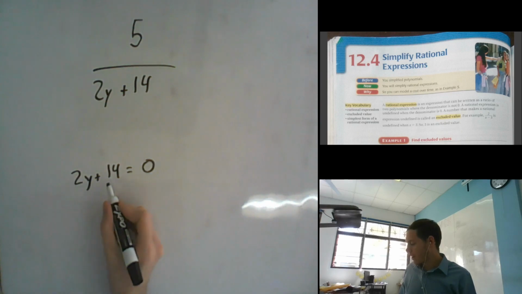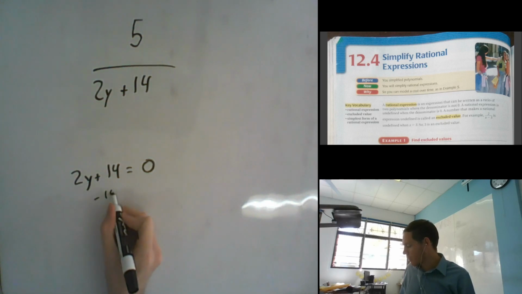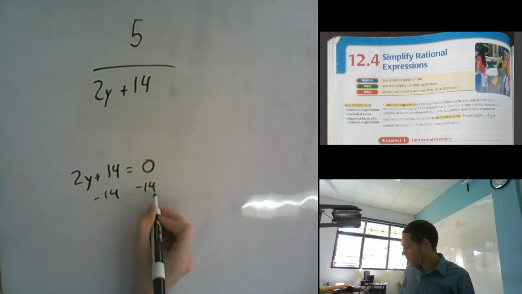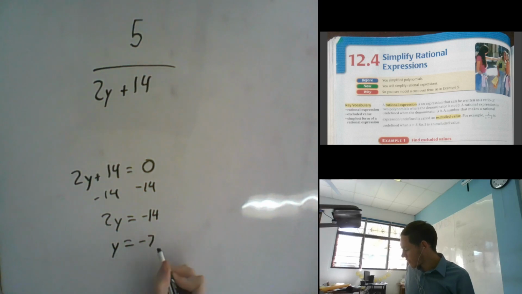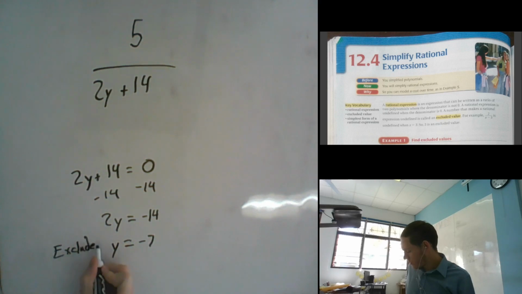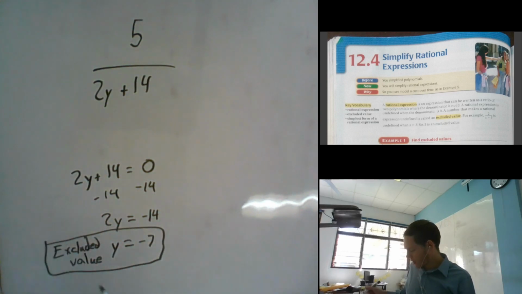So 2y plus 14 equals 0, minus 14. 2y equals negative 14. y equals negative 7. So this is our excluded value. Okay? Right there.